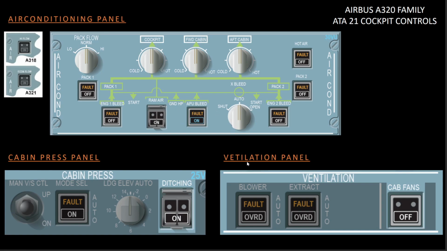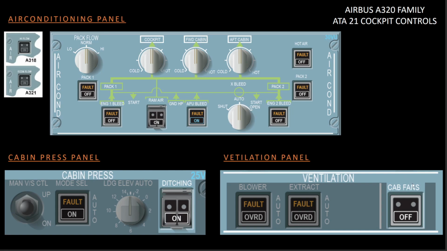Next, the last panel which we have to discuss when it comes to air conditioning system cockpit controls is this cabin fans. This is in the ventilation panel. If you can remember, I told you that there are recirculation fans. There are two, and if you set this to off, both the recirculation fans will stop.